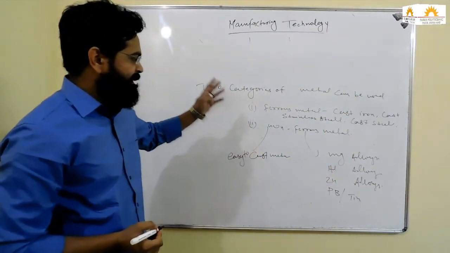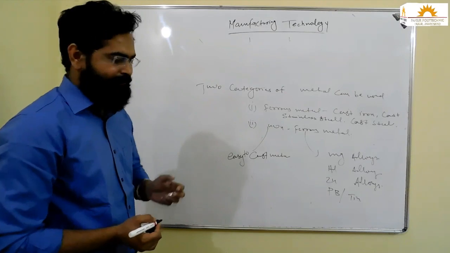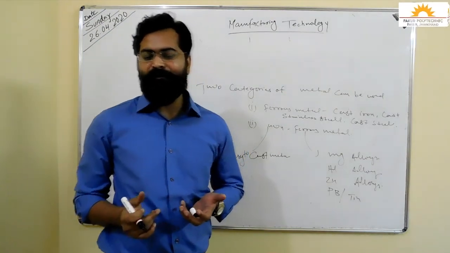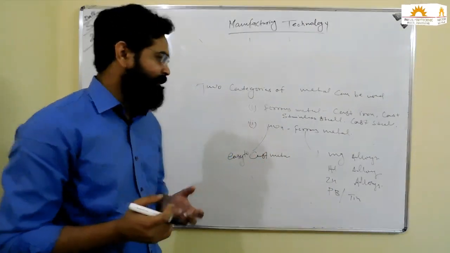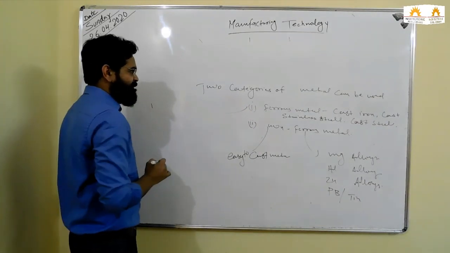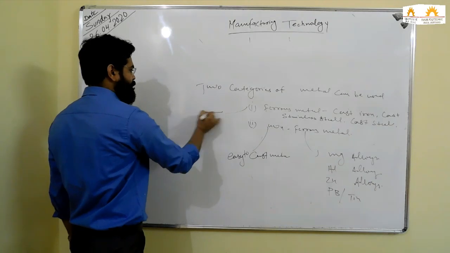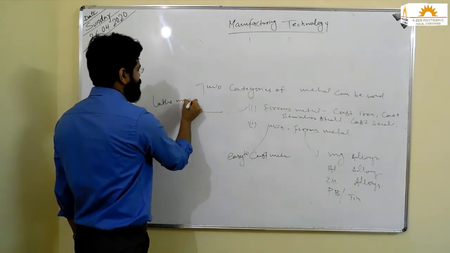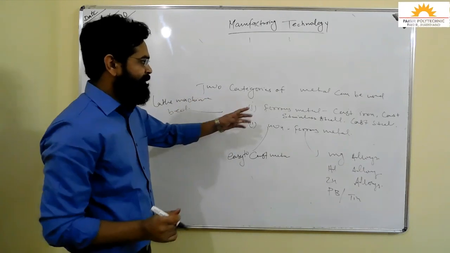Non-ferrous metal is easy to melt, and ferrous metal has good fluidity, so sometimes we cast machine beds; the lathe machine bed is made from cast iron, a good example of ferrous metal.